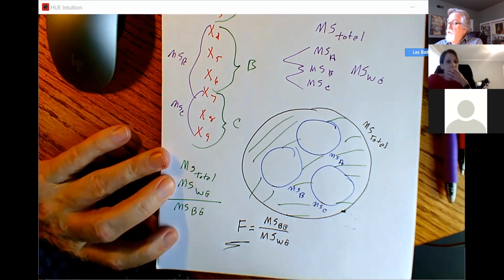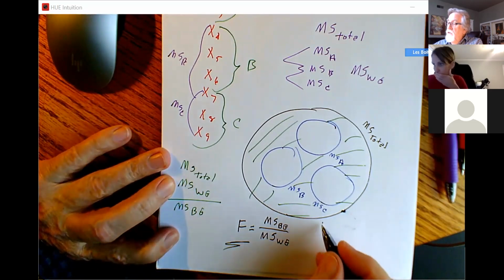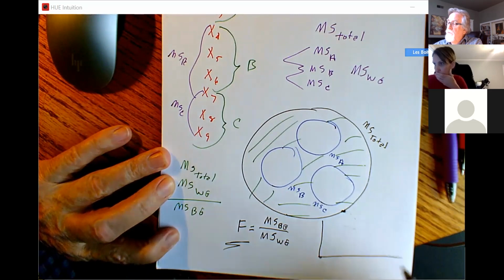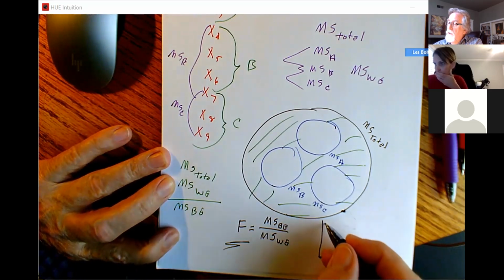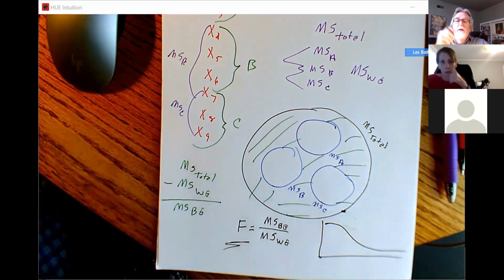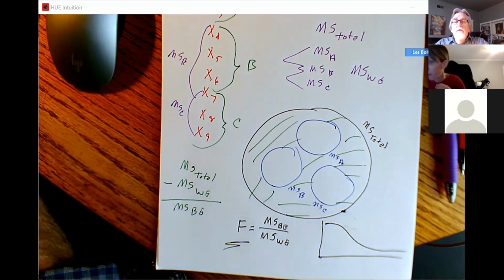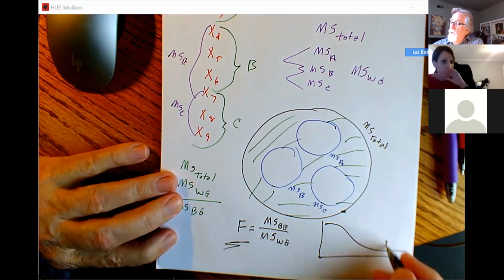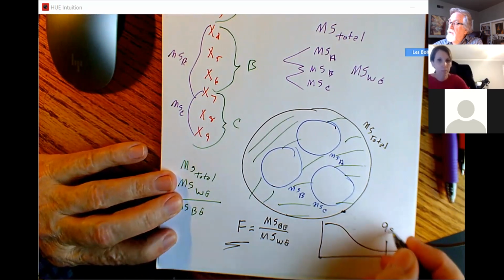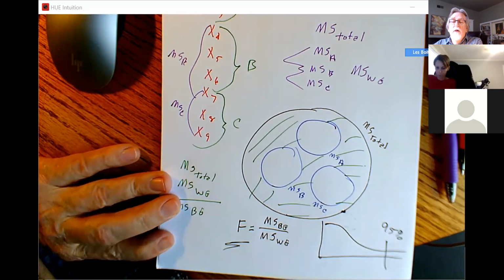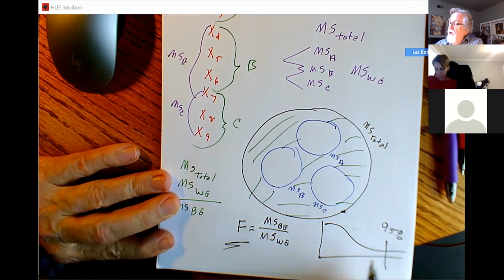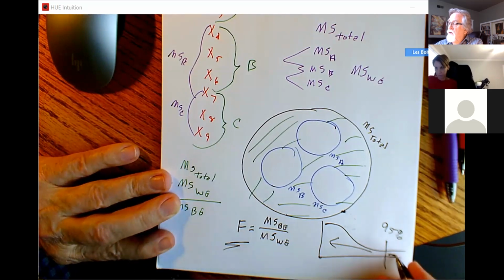The F statistic has a distribution. It's a little bit of a different distribution, and it looks something like that typically. And somewhere in that distribution, there's a point at which 95% of all F values lie within this range, and only 5% lie out here.